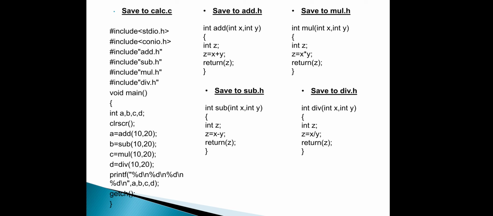Here function add is not part of the program calc.c, but we are calling the add function, which is a separate module, in the calc.c program, making it act like a library function.